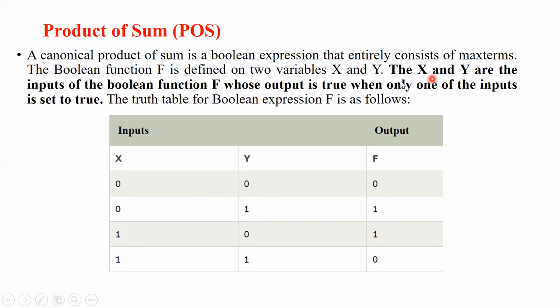So you write down this statement. This is the definition. So POS, it is a canonical product of sum. The Boolean expression which consists of only Maxterms. And this is an example.